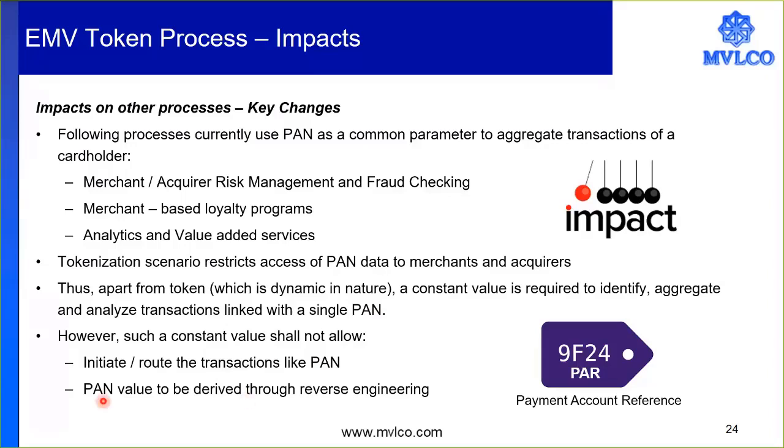So these are the two key things which we need to think. One, it has to be a constant or a static value so that every time this is being used, I can identify and aggregate the transaction with respect to that value. But then it should also restrict me from initiating a new transaction or routing a new transaction.